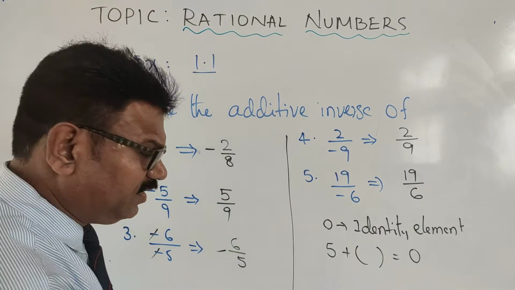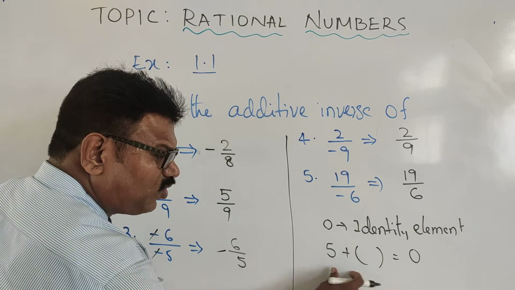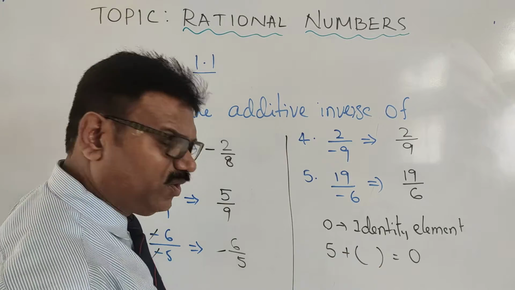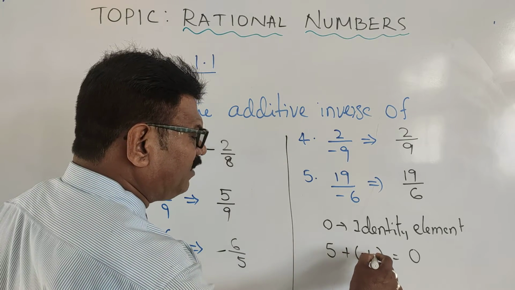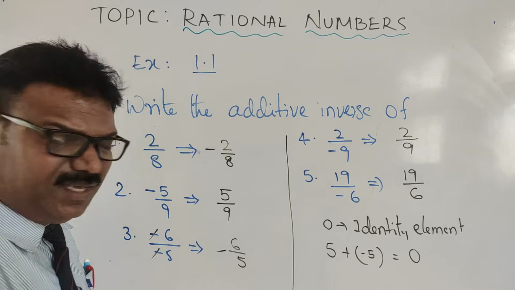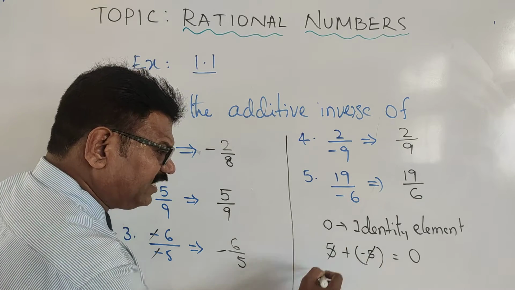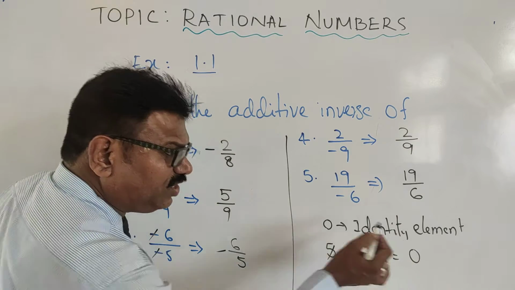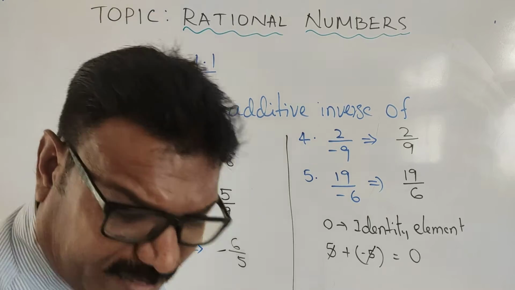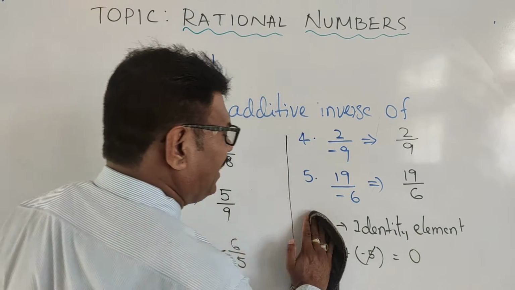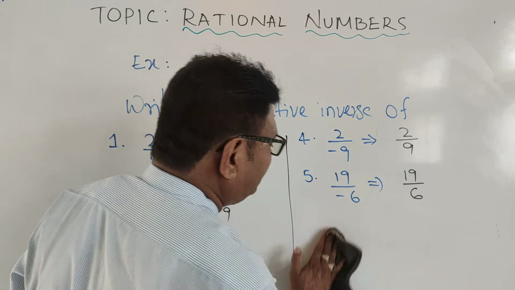That much only. Therefore, these two are inverses of each other. So plus 5 means 100% it will be minus 5 only, because plus 5 and minus 5 cancel. What is the answer? 0. This is the property of the identity element. I hope you understood this.